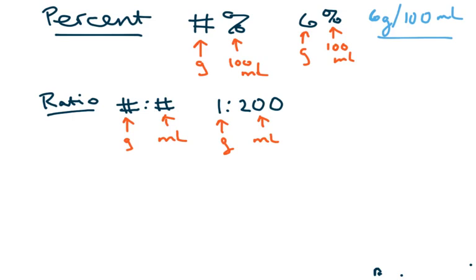So that means 1 gram in 200 milliliters. In a dosage problem, it would look like this: 1 gram per 200 milliliters. This is the information that you would use for your dosage problem.